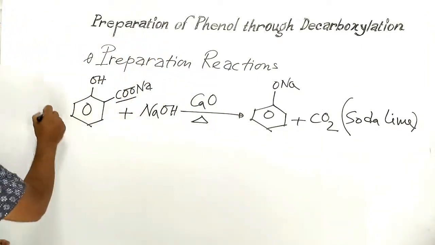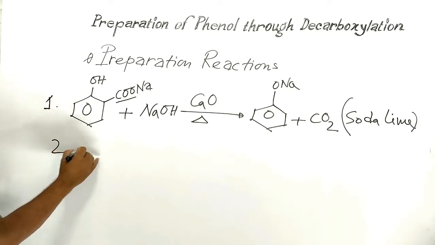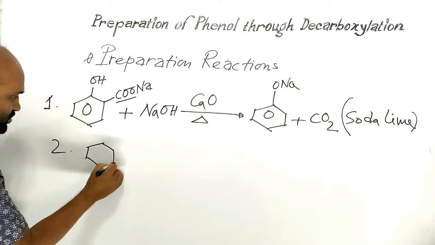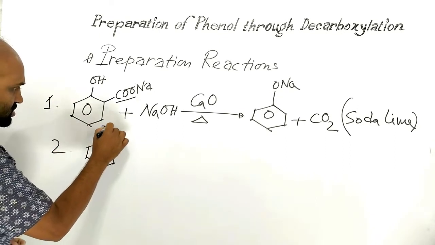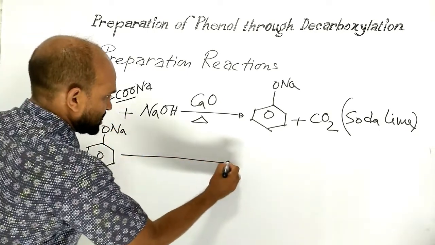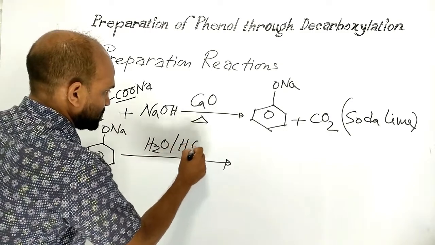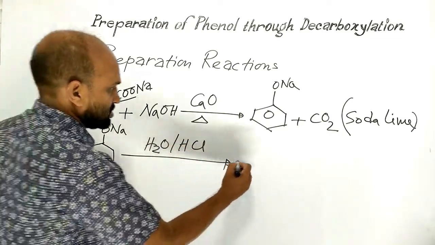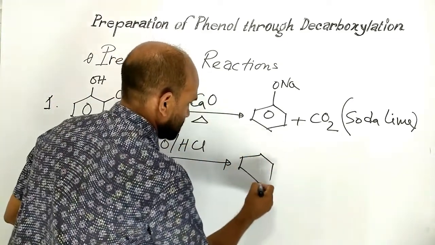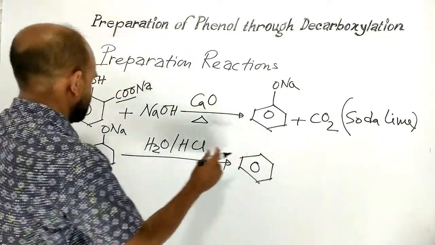Now step 2. This sodium phenoxide is hydrolyzed in the presence of hydrochloric acid. Then this compound is formed.